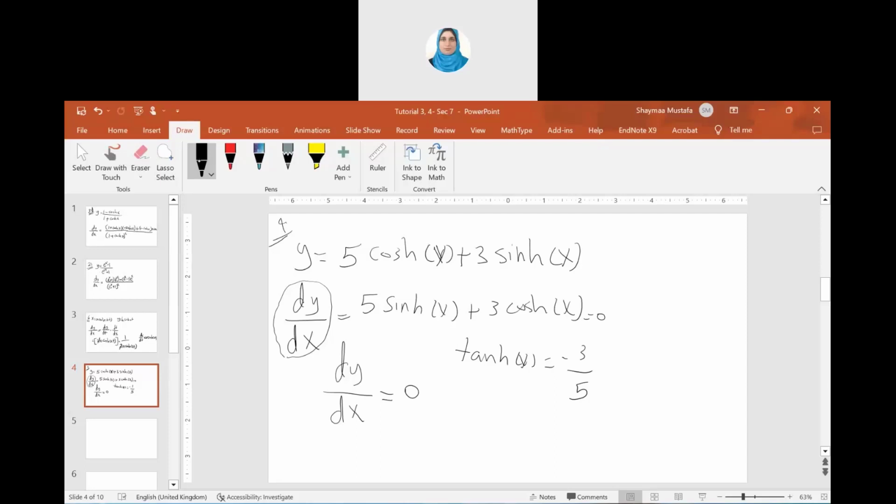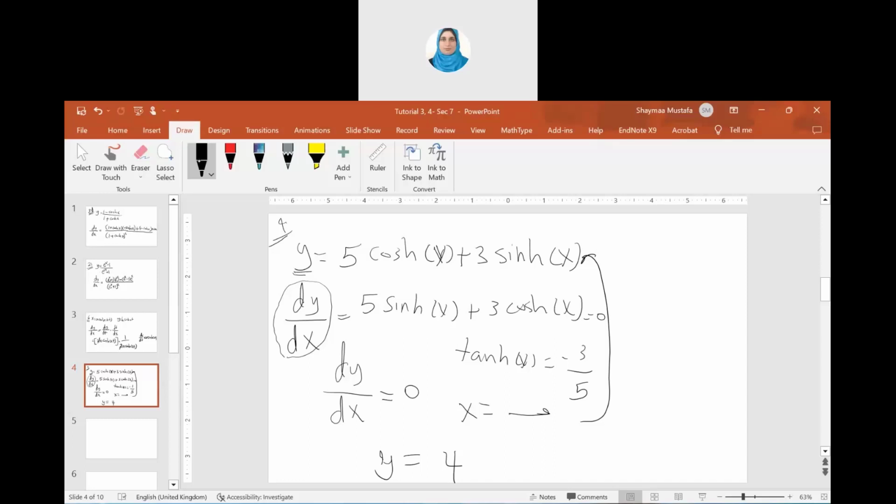Now you need to solve this one to find the value of y. You need to find the value of x here. Tan x is equal to minus 3 over 5. You need to find the value of x and then substitute here for this one, and you need to prove that y is equal to 4.